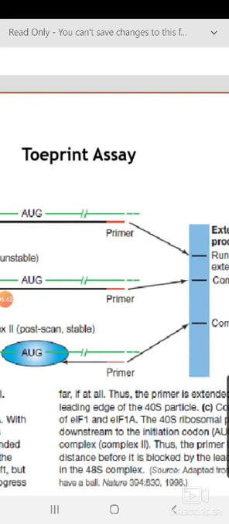Because of that, in this primer extension assay, the cDNA we get is very small in length. It reaches here, and after that it is hindered and cannot go beyond this point. If you think of the 40S subunit as a foot, its leading edge would be the toe, which is why they call this a toe print assay.